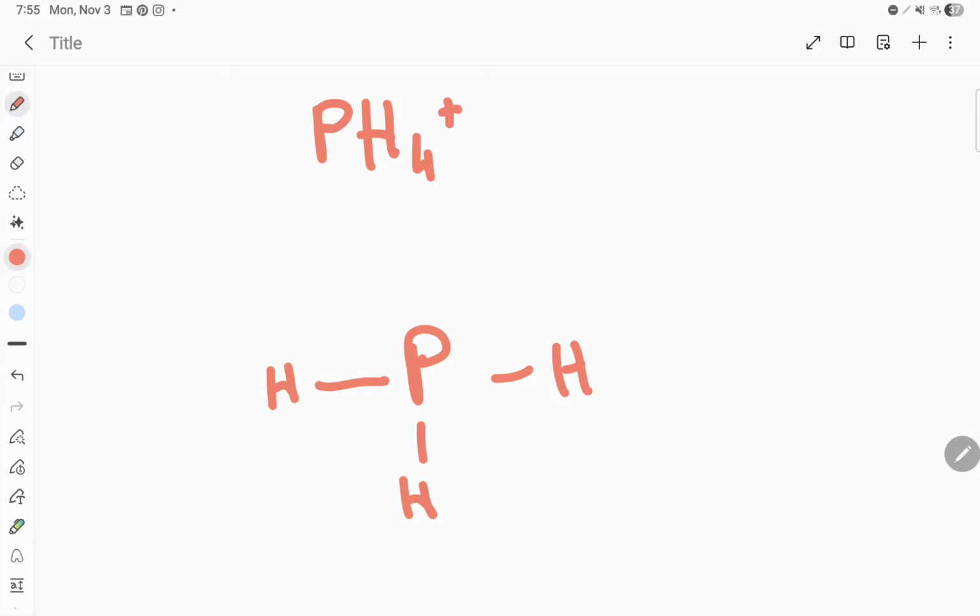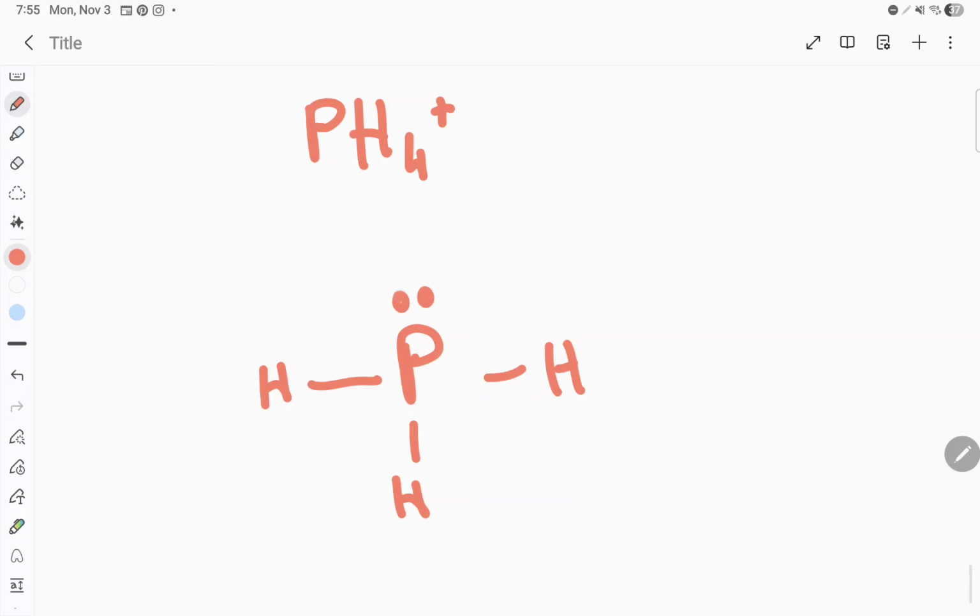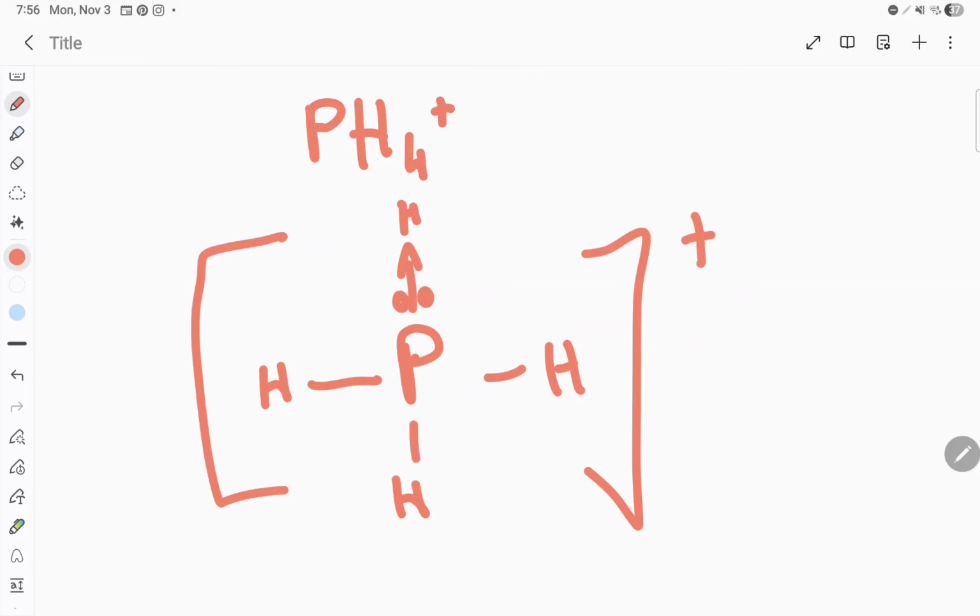P has a lone pair. Now here you have a hydrogen that needs 2 electrons, but it doesn't have any. So P is going to be kind and share them with hydrogen. And that's how you draw it, by the way. You don't have to draw it curly, you could just draw it straight up to the H. And of course you need to add the brackets and plus.